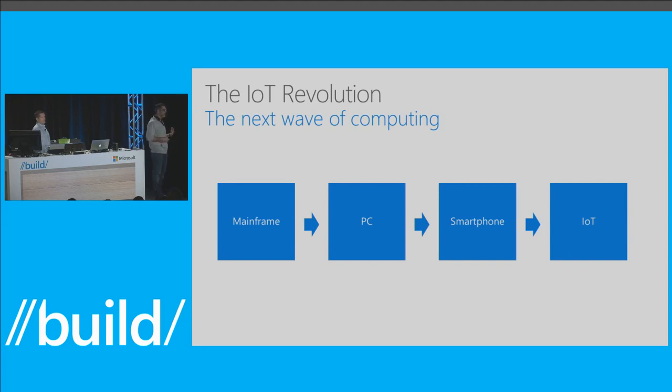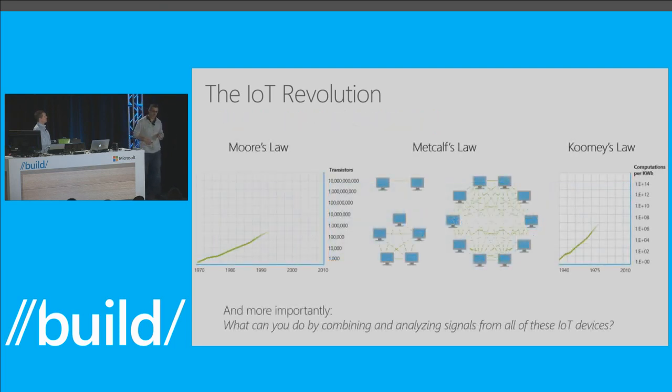The services that we're building in Azure are meant to support that transformation and make it easy for you to work in this new space. All of this is supported by some theories and laws that exist in technology. These are here as proof points.